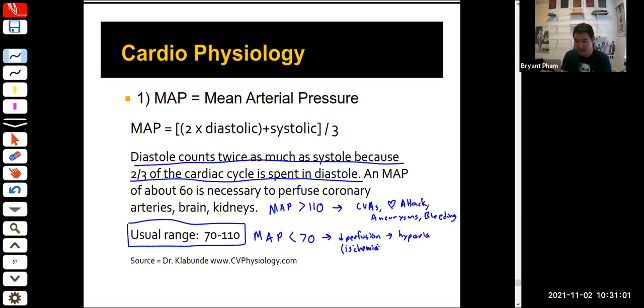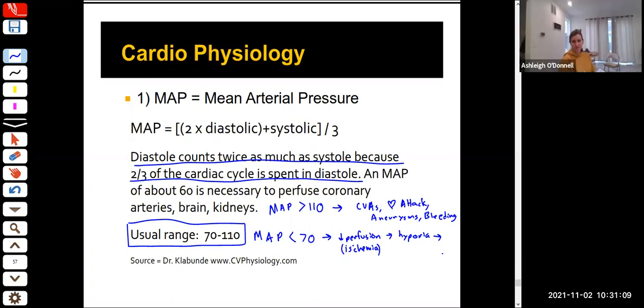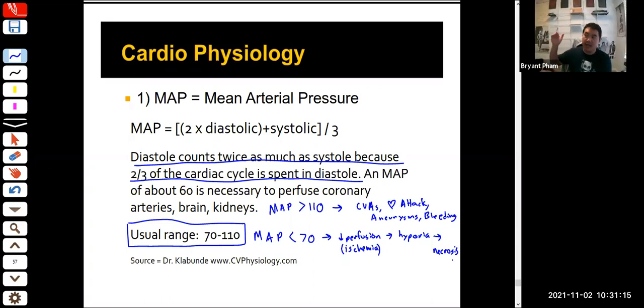Ischemia. So again, I ask you, what is the big concern with a low MAP? Necrosis. So either way, blood pressure too high, blood pressure too low, you're looking at death. Okay, one's going to be a little bit more violent than the other one.